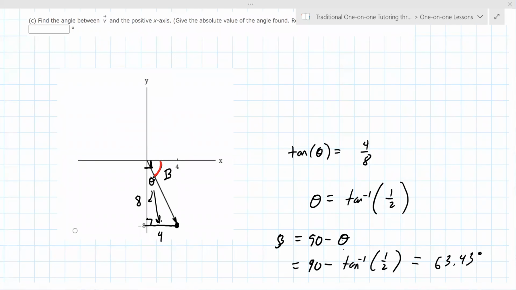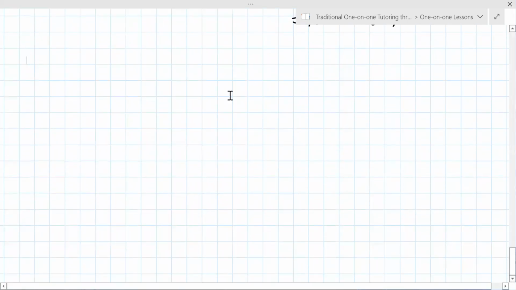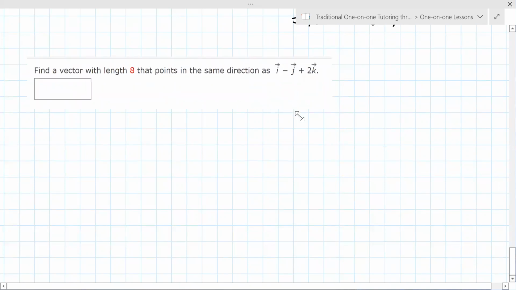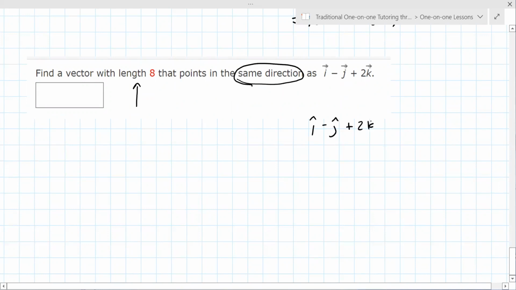Next question. Okay, find a vector with length 8, length means magnitude, that points in the same direction as i minus j plus 2k. A vector that points in the same direction is the vector that you're given, but you can multiply it by C. If you multiply this by C, it's always in the same direction as long as C is greater than 0.